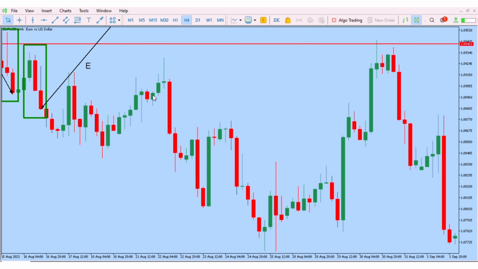Here is another selling opportunity for you in the market. Here is a doji with a nice price rejection. And this bearish candlestick after it is a nice confirmation.